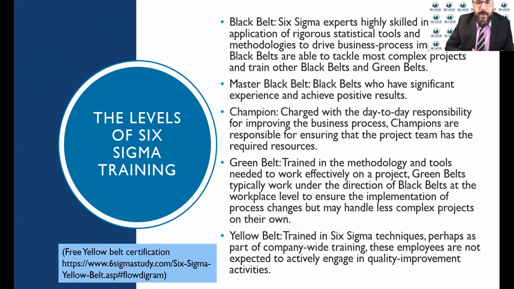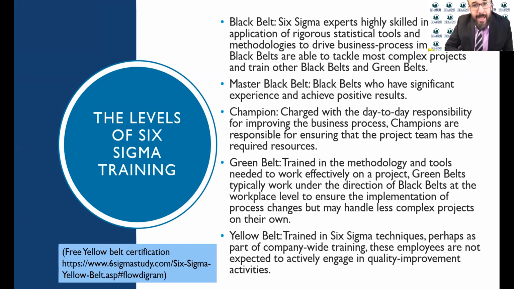All right, now before we talk about these details of Six Sigma, I want to share with you some of the levels of Six Sigma training that are available in the market. So you should be aware of this, so you could understand what every training level means. So let's start with the black belt. A black belt is an expert in Six Sigma.